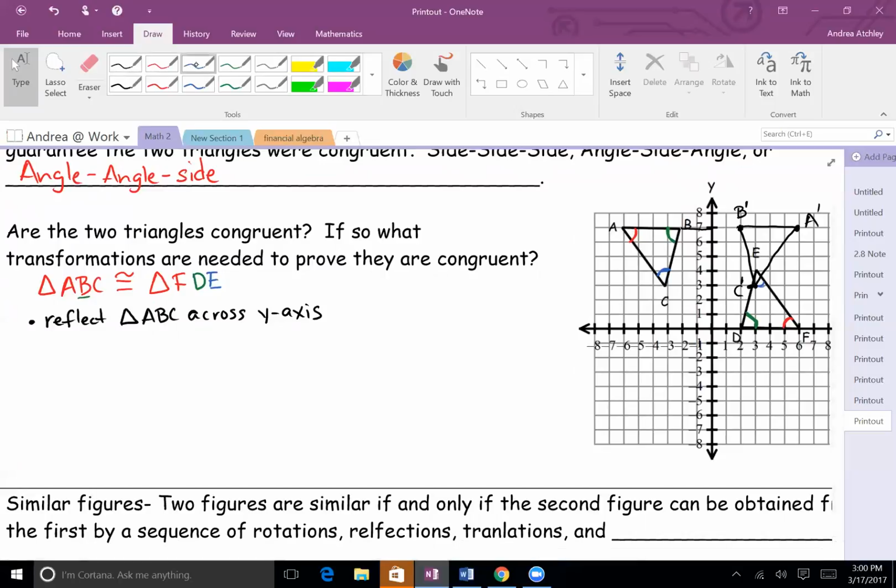Then I can reflect this across the y equals 3 horizontal line. So this would be 1, 2, 3, 4 above. This would be 1, 2, 3, 4.